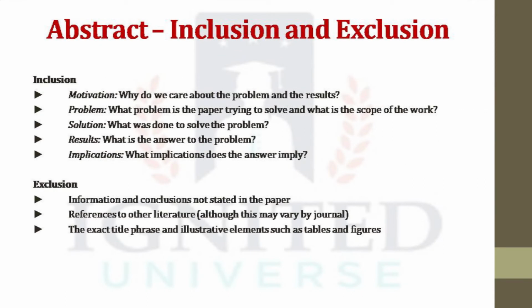So there are some do's and don'ts with respect to the abstract, and the do's are: first, we must include the motivation, that is, why we care about the problems and the results. Then, the problem: what problem is the paper trying to solve and what is the scope of the paper. Then, in 1 or 2 lines, it should mention what solution you are giving, what are the answers to the problems that you are taking into account, and what are the implications.